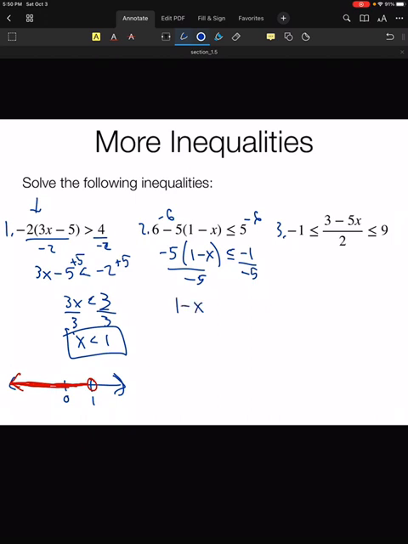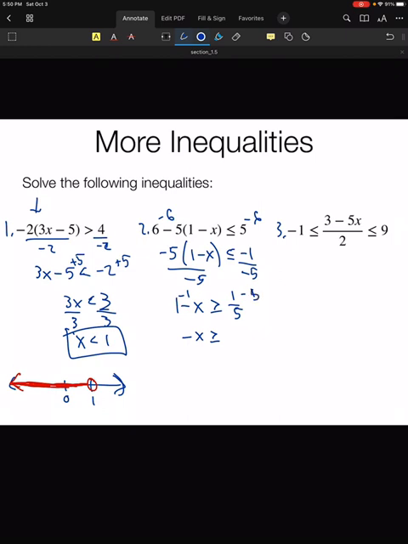I divided by a negative number, so the sign flips there. Okay, -1 divided by -5 is positive 1/5. Okay, I subtract 1 from both sides. I get -x is greater than or equal to 1/5 minus 1.